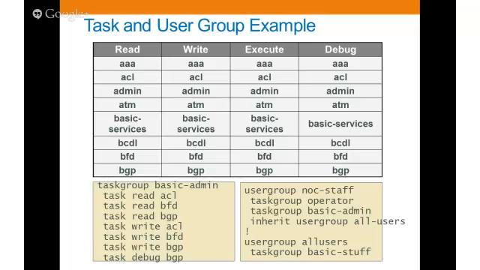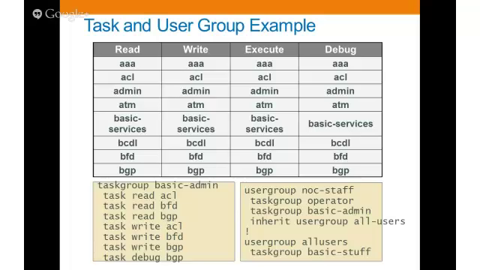So here, for example, we've created a task group called basic admin. This basic admin person can only read certain features, write, and only debug. He can only debug BGP. This is how you would define the various tasks that the admin would be able to do.